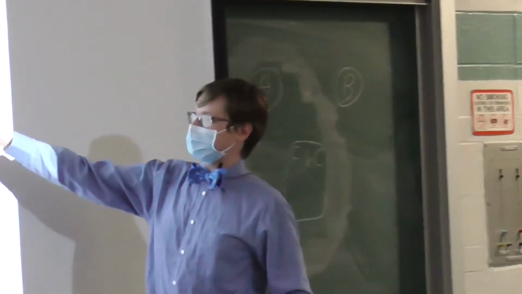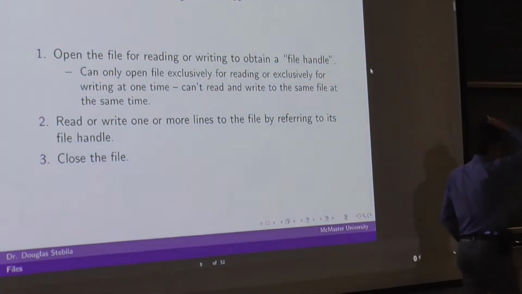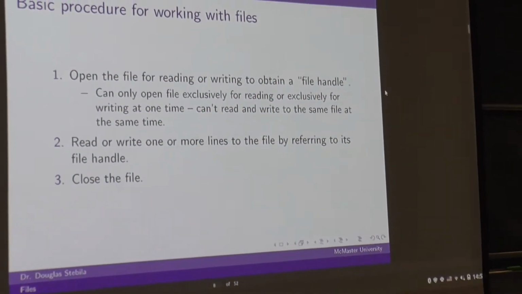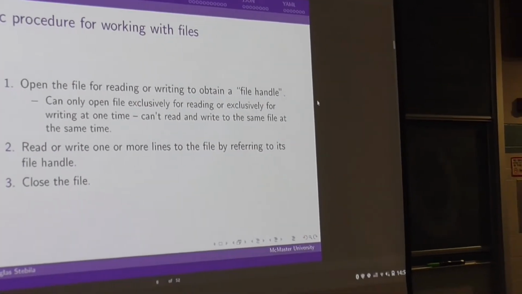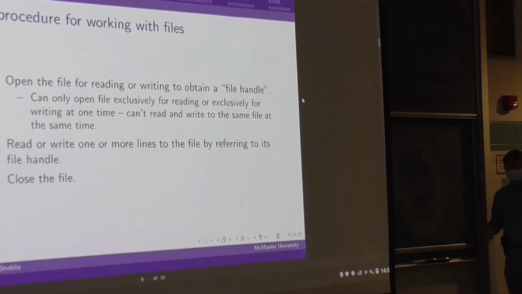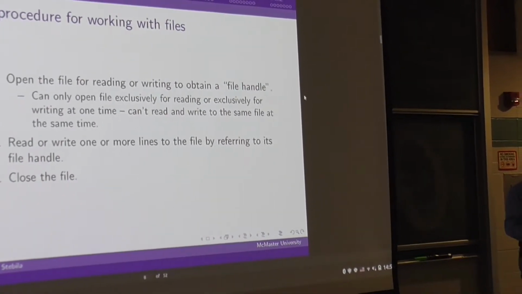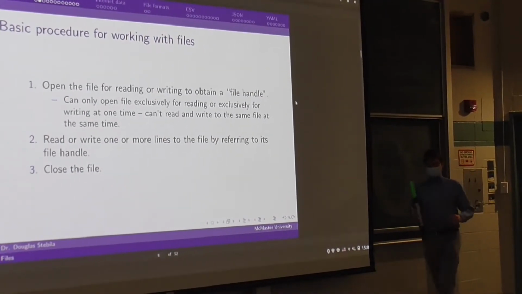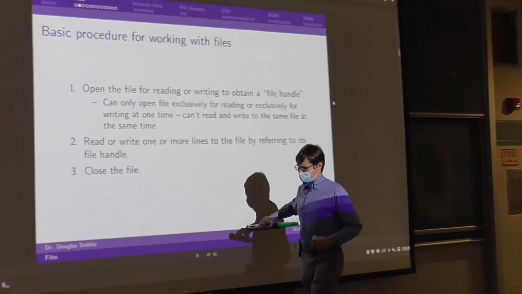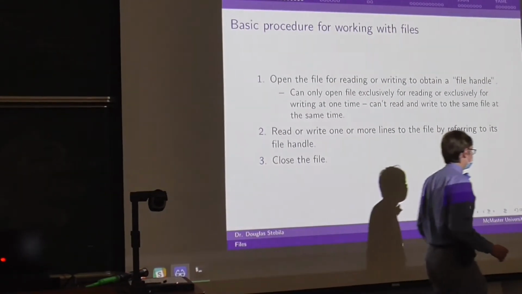In the in-between bits, you're either reading or writing the file as you will. We also can't read and write a file at the same time. They are different procedures, at least at this level. There are technically ways of doing it, but let's just keep it simple for now.